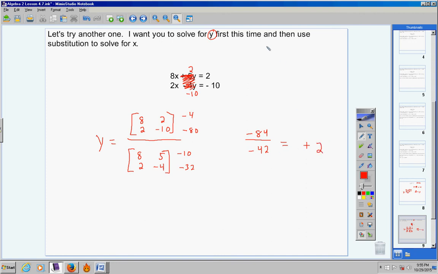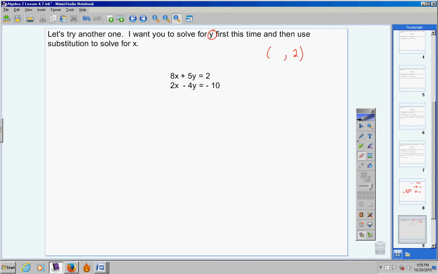Okay, so I have found my y value. Now to find my x value, simply substitute that back in for y. So 2x - 4 parentheses 2. And by the way, remember students, when you are substituting 2 in for y, you can do it in this equation or this equation. It doesn't matter which one, okay? So here we go.